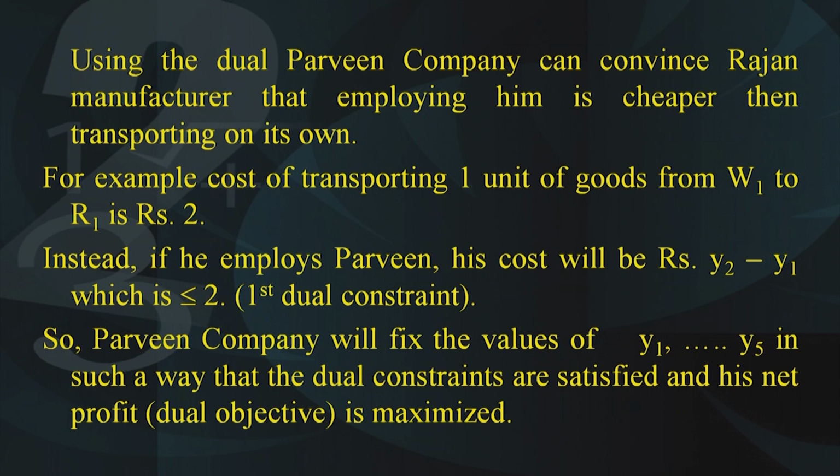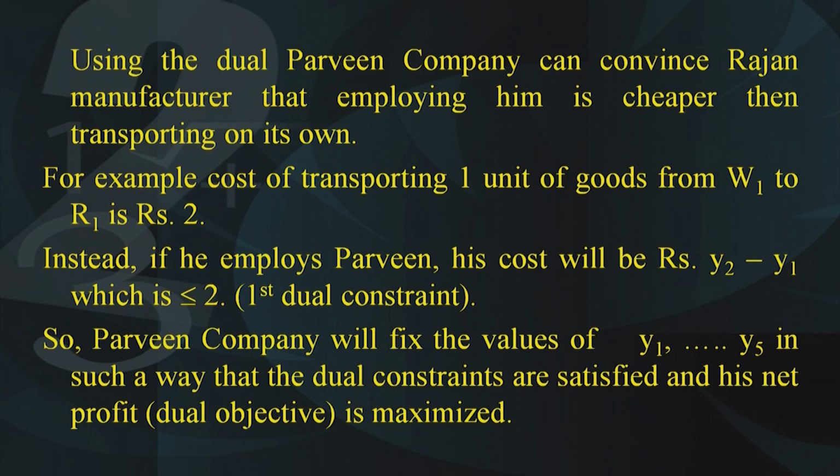Therefore, what do we conclude? That the Parveen company will fix the values of Y1, Y2, Y3 etc. in such a way that the dual constraints are satisfied and the dual objective is maximized.